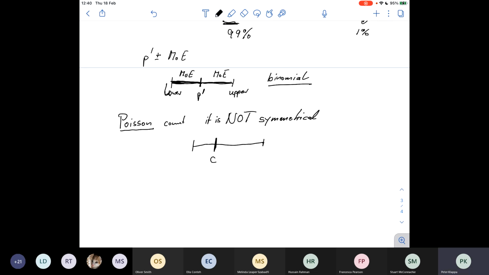So where you have the count of your cells, that is the margin of error for the lower side, and this here is the margin of error for the upper side. And you see that these two margins of error are different.